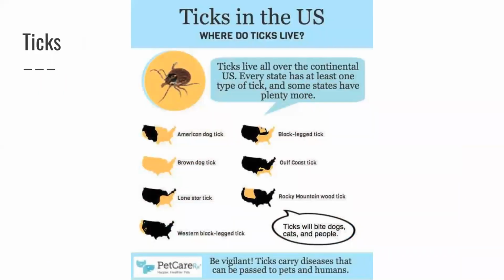Another creepy crawly that we have all around the world are ticks. Ticks are a lot of different varieties of insect, and these ones specifically live in the US, but I'm sure there are different kinds in Asia and Europe and Africa. Ticks, like bedbugs, feed on human blood, or on the blood of animals.